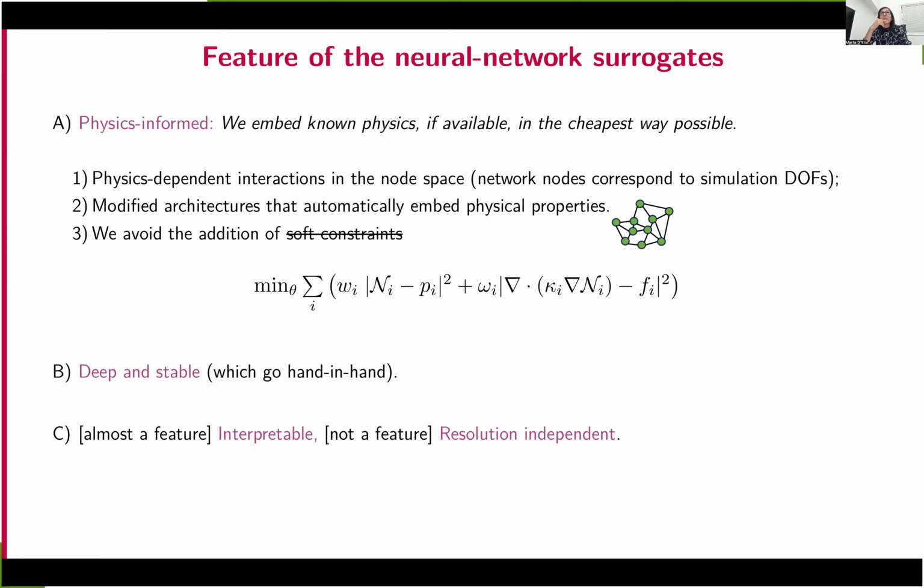We're not necessarily after interpretability, but I have to say in industrial settings, we've observed that if physical properties or physical interpretations can be inferred from the network, people that are not that familiar with machine learning are more inclined to believe in the power of machine learning.